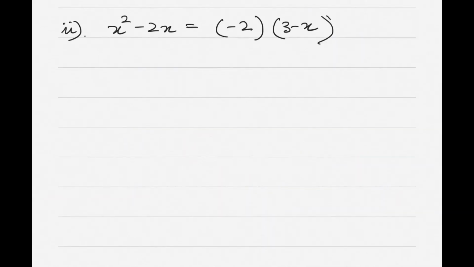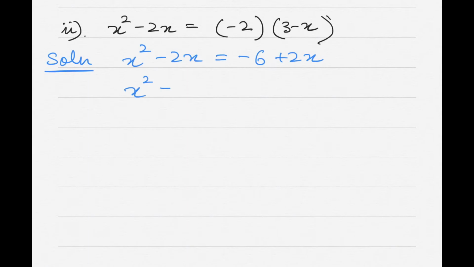Okay, let's move to the second part of this question. So I need to solve this first. x square minus 2x is equal to minus 6 plus 2x. Everything we have to bring on the left hand side. So x square minus 2x plus 6, minus 2x more, gives x square minus 4x plus 6 is equal to 0.